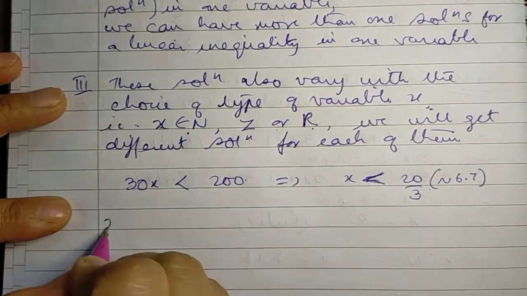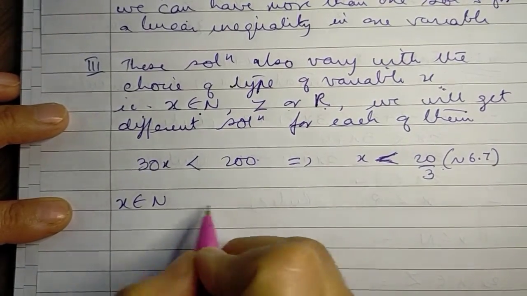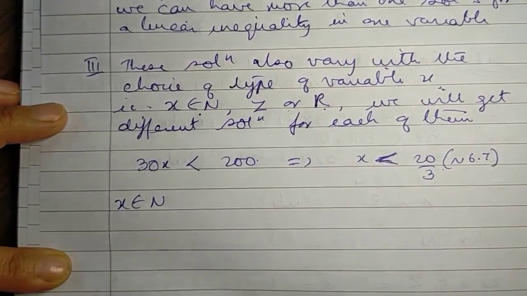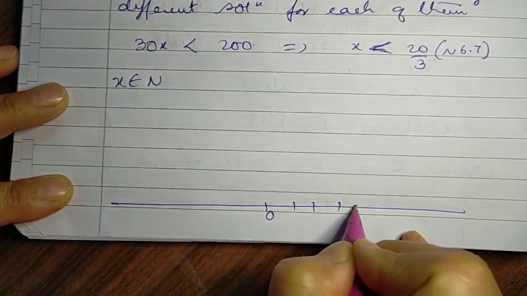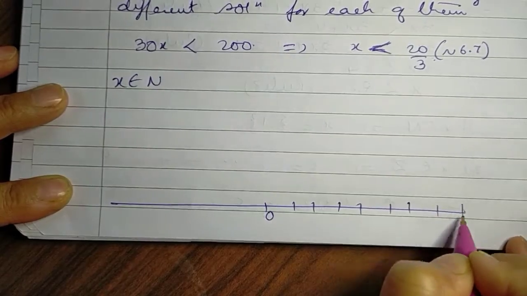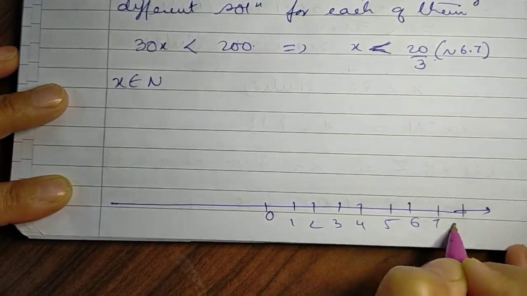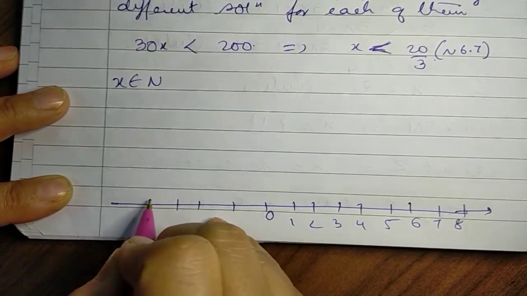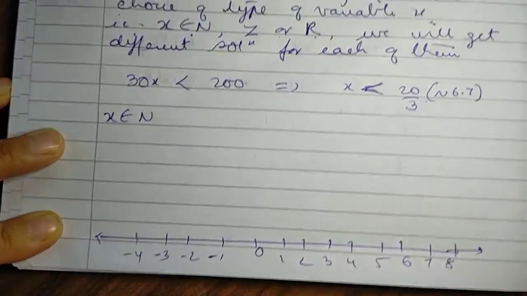Now if we just have to have the solution when x is a natural number, let's draw a number line, and this is 0, 1, 2, 3, 4, 5, 6, 7, 8, and on this side we will have -1, -2, -3, -4.